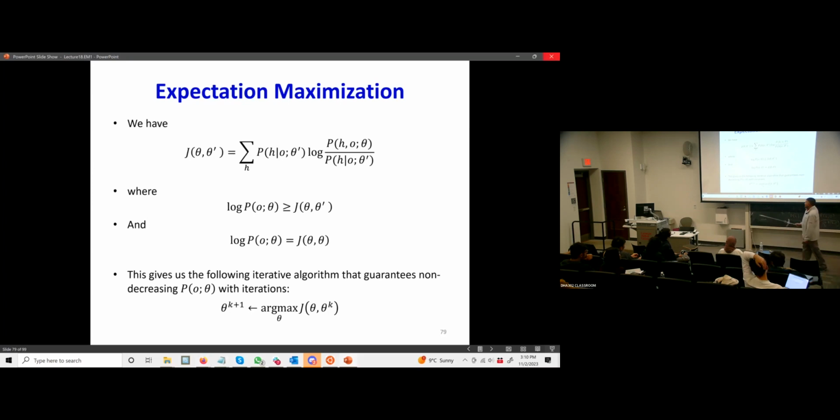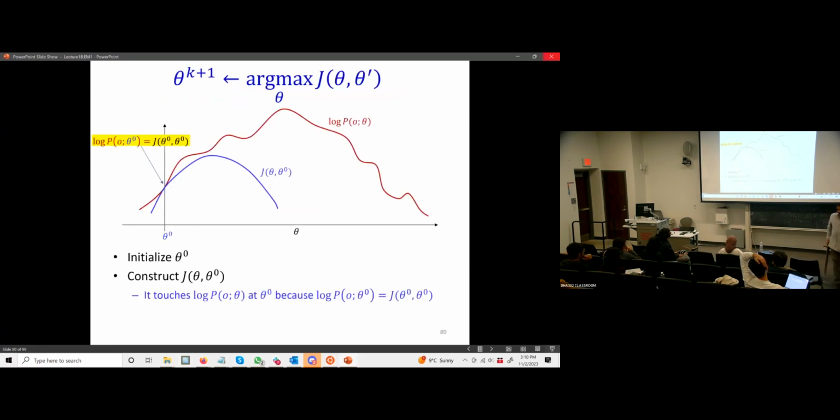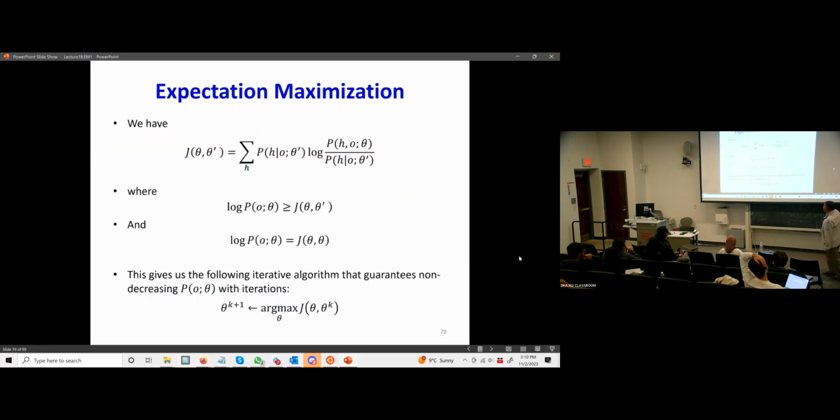So when I say that J theta prime is going to be log of P of O given theta prime, it means that the function J has two settings. It has two parameters. This is the variable, this is the parameter for J, right?